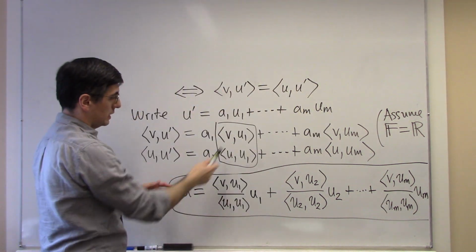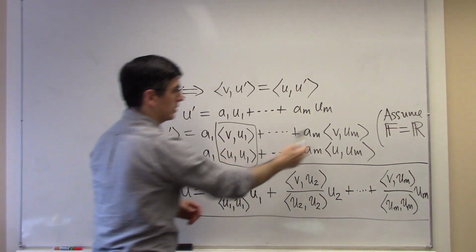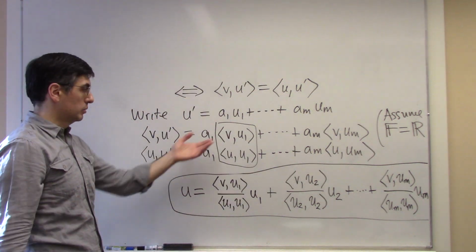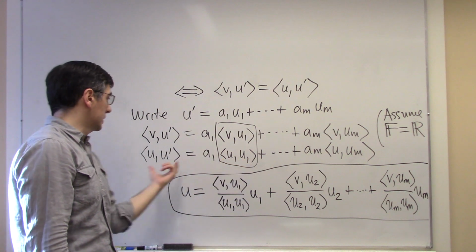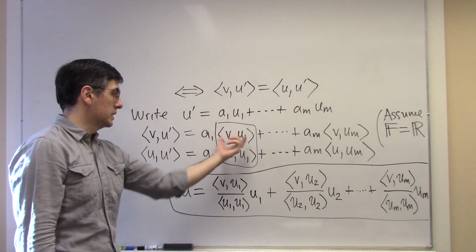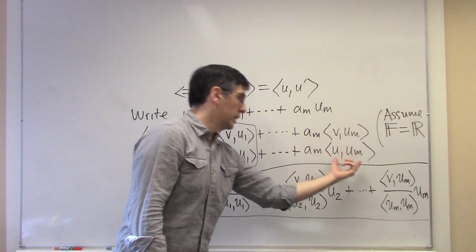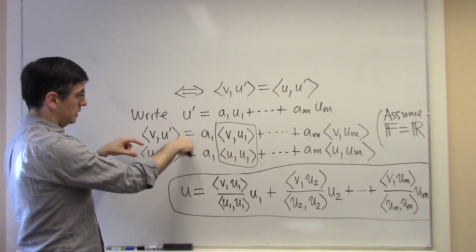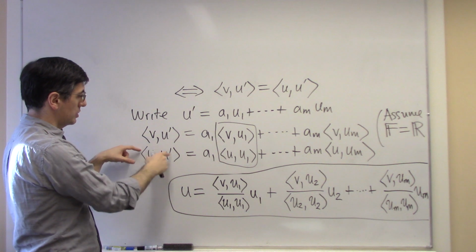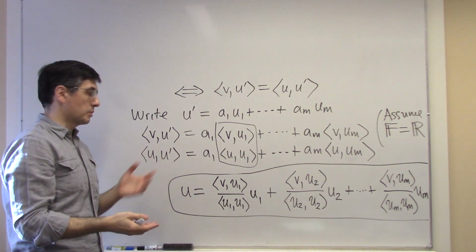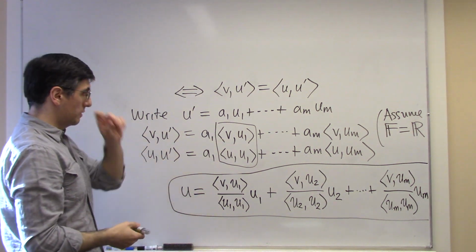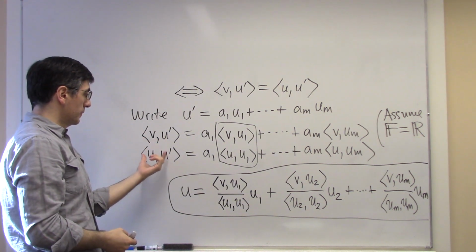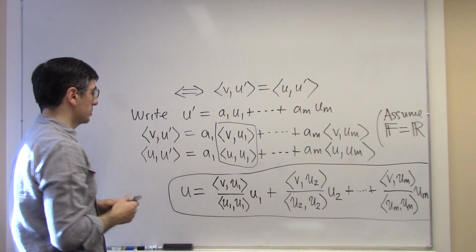Right, because if each of them individually is equal, so if this is equal to this, then the sums are equal, so this expression will be equal to this expression. That's a simple observation. So it remains to actually compute U and U prime.